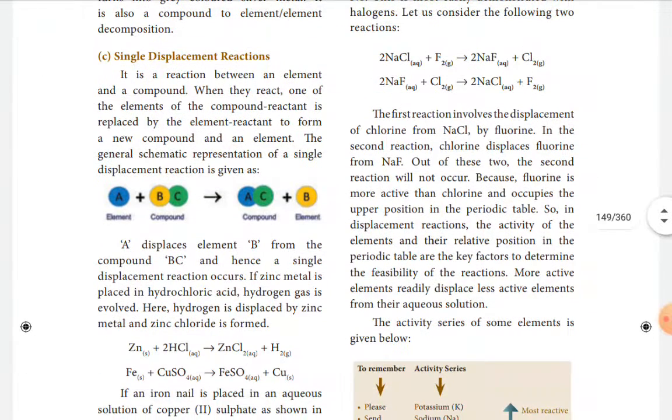Next, see single displacement. Displacement reaction means that an element replaces an element in the compound of the reactant.